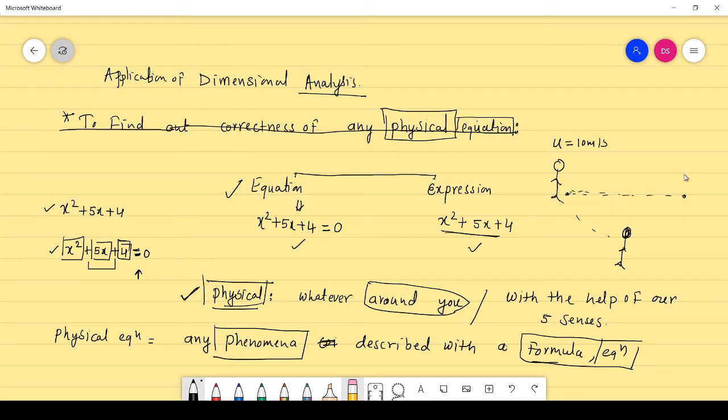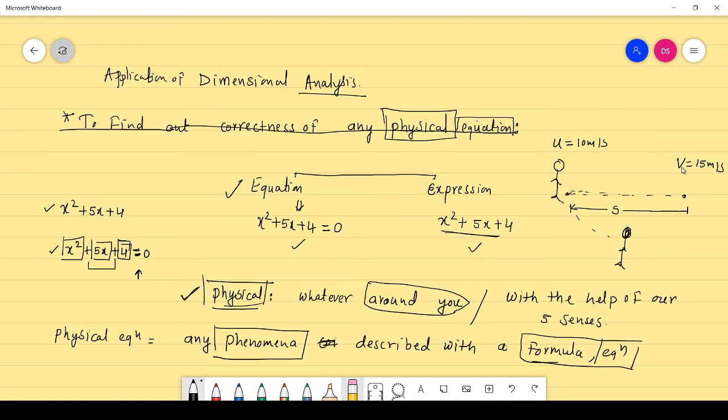You increase your velocity. The final velocity is denoted by the letter v, and say your final velocity is 15 meter per second. Within this time period, between these two positions, how much is the displacement covered by you? That is s, the displacement. u is the initial velocity, v is the final velocity, s is the displacement.